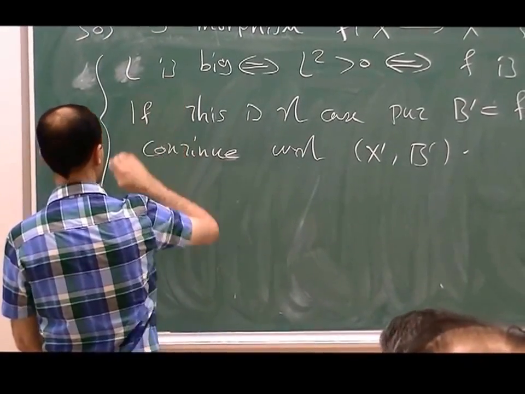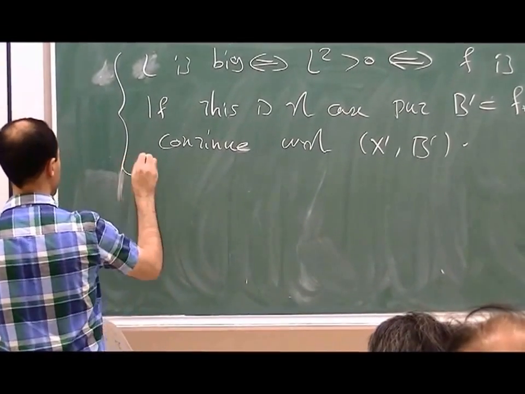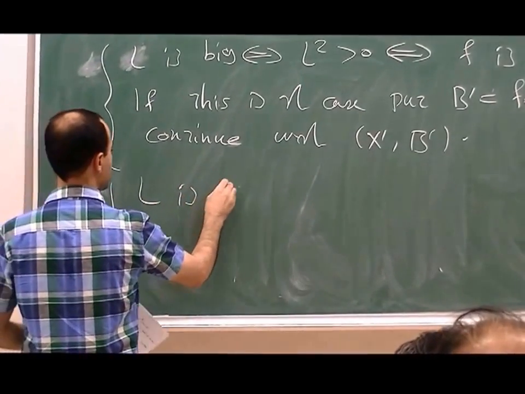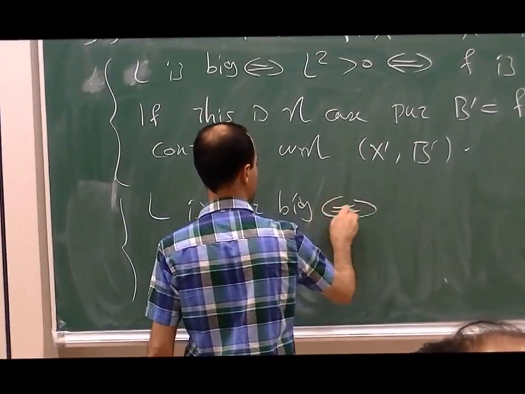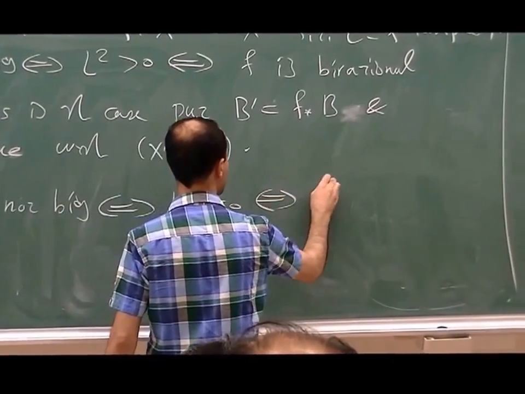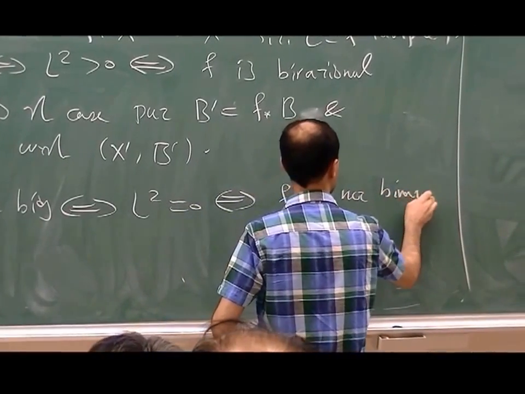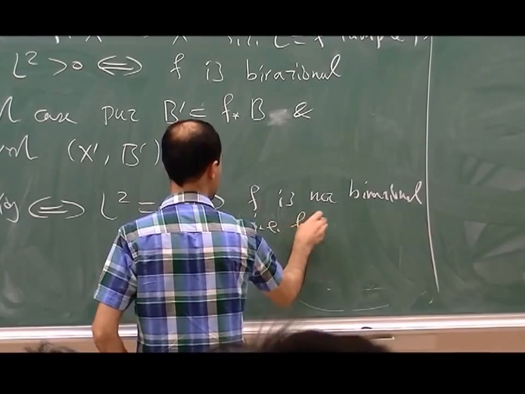So this is one possibility in the first step, but we have another, a different possibility now. L is not big. This exactly means that the self-intersection is equal to 0. It also means that f is not birational. So, in other words, this is actually a fibration.